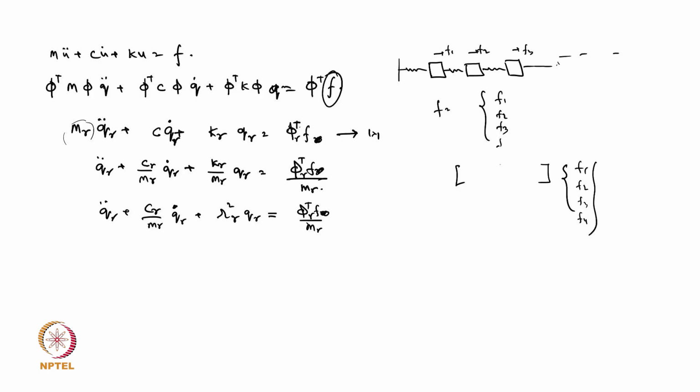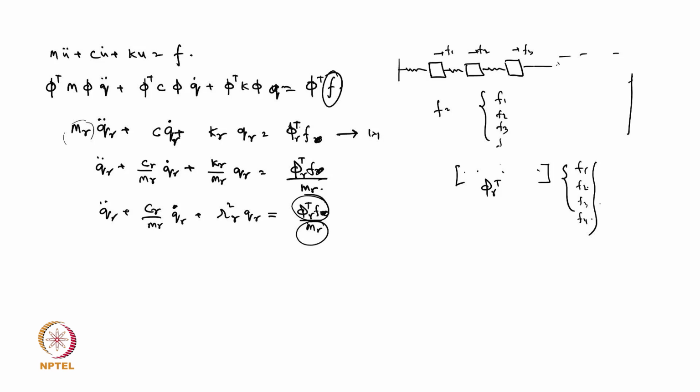Make sense? Phi_r is normally a column vector and phi_r transpose is a row vector, so they will be multiplied, this into this, this into this, and all added up and placed there. So you will get this thing divided by M_r.